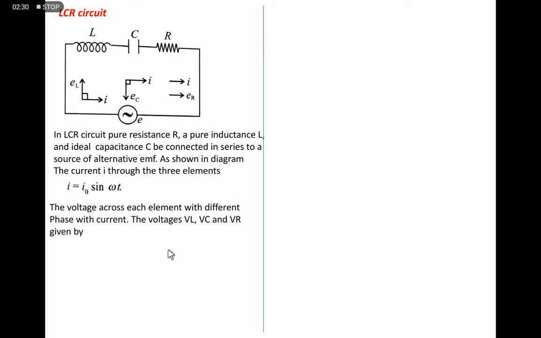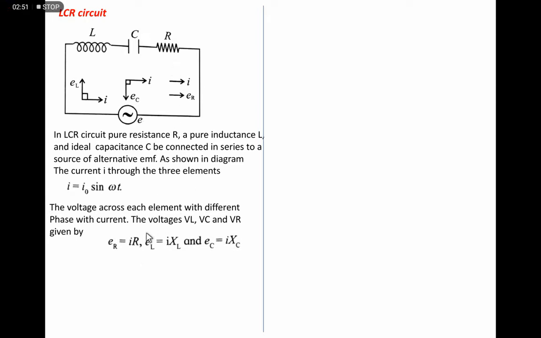Then we know that once the current is through these components, the flux changes and EMF is induced. In AC circuits, EMF we will write with the equations.